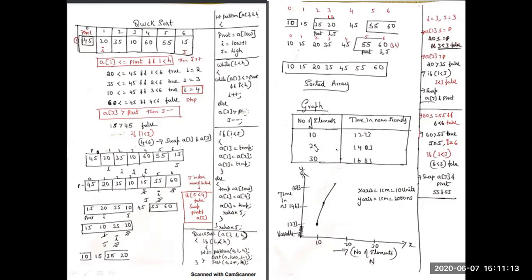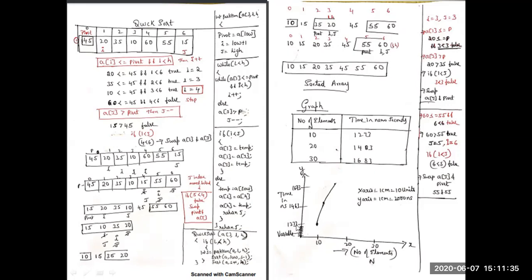On the x-axis, 1 centimeter equals 10 units. On the y-axis, 1 centimeter equals 2,000 nanoseconds.